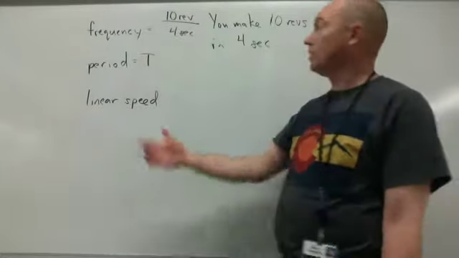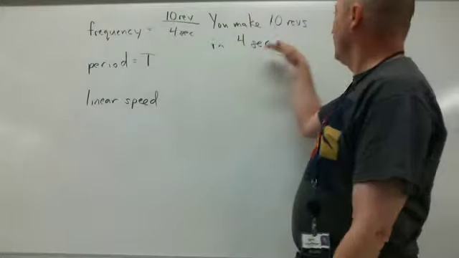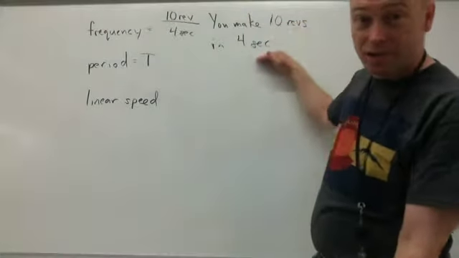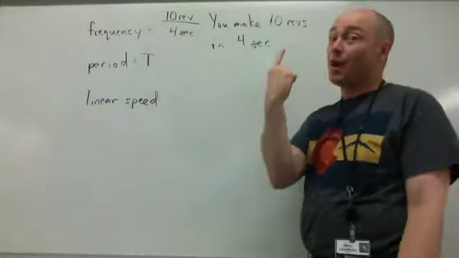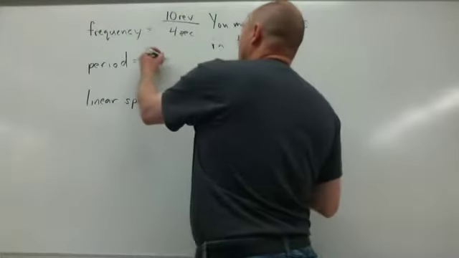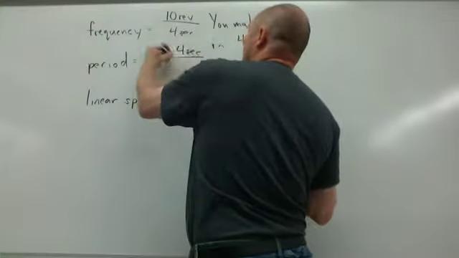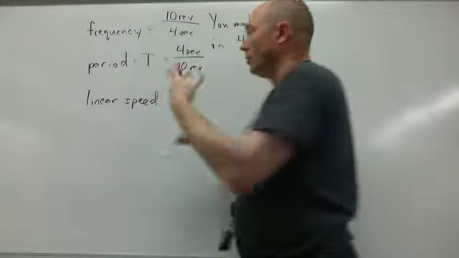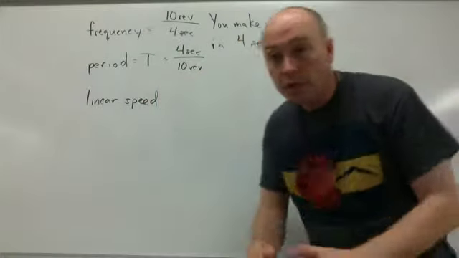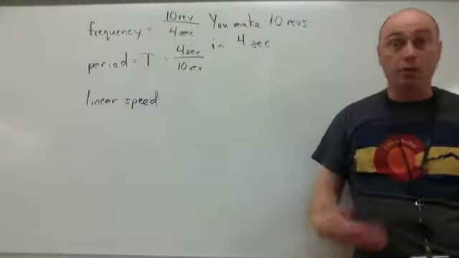So if it makes 10 revolutions in 4 seconds, the time it takes to go around once would be 4 seconds divided by those 10 revolutions, so 0.4 seconds per revolution. That would be the period.